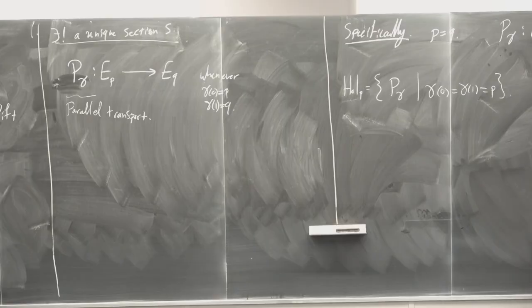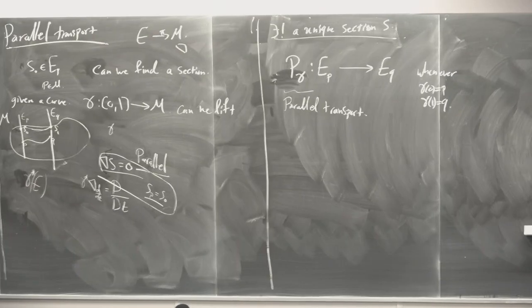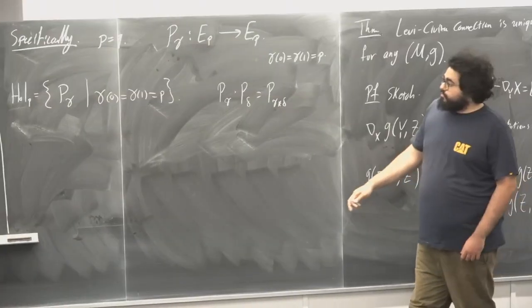The composition: when you multiply P gamma times P delta, it's P gamma star delta, where this is the usual one from topology, composing the two paths. Why is it a group?